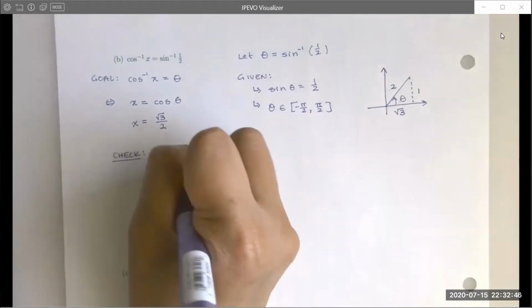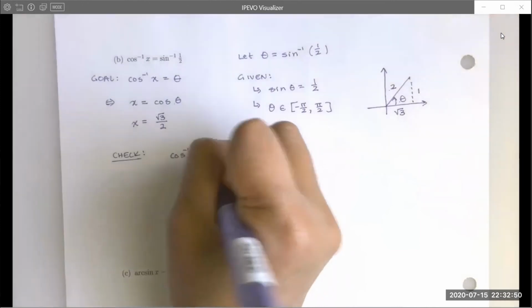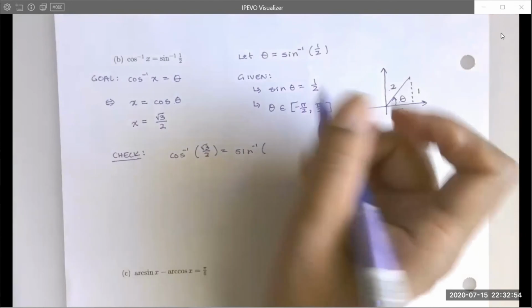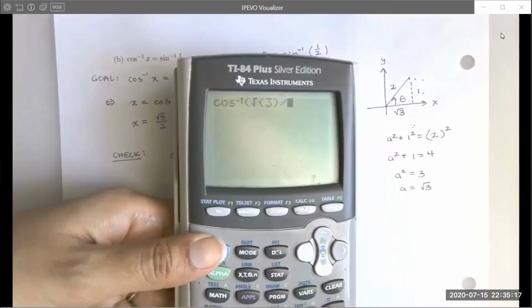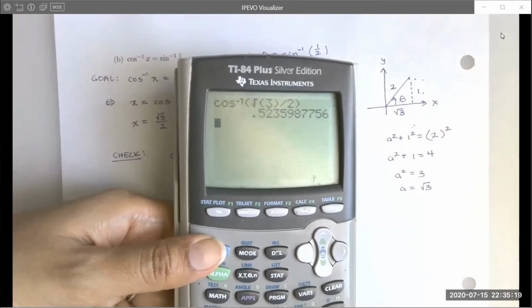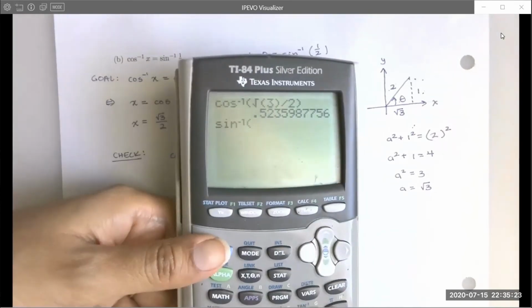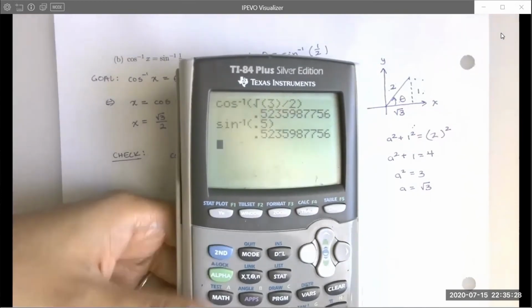Is it true that cosine inverse of square root of 3 over 2 is going to be sine inverse of 1/2? Well, let's see. It's that number and then sine inverse of 1/2. Same number. Okay, so looks good.